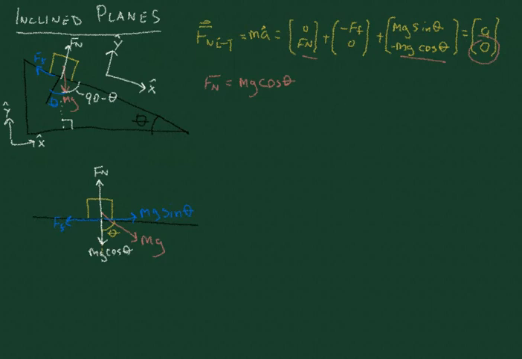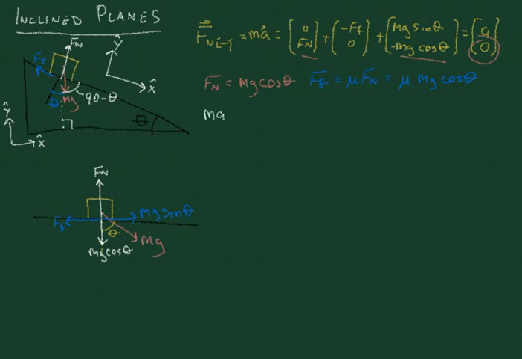And then we know that the frictional force is mu times the normal force, which is going to be mu mg cosine of theta. And so then we can write our total force, ma.